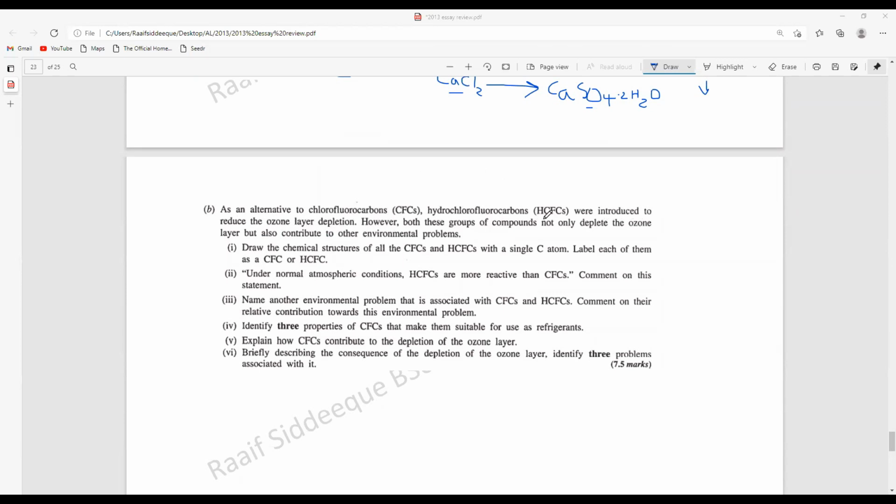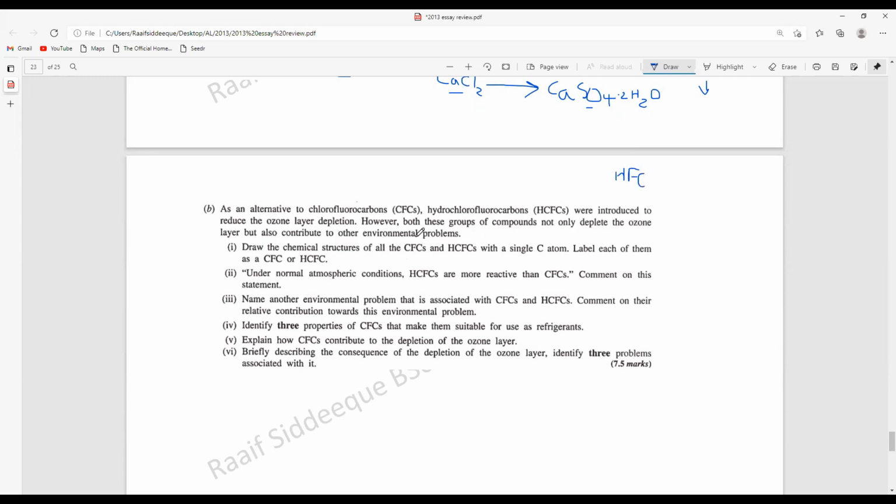Because I told you earlier, CFCs are one of the main pollutants of the ozone layer. And HCFC is okay, but this can still pollute. That is why we went for HFC, without the chloro part.